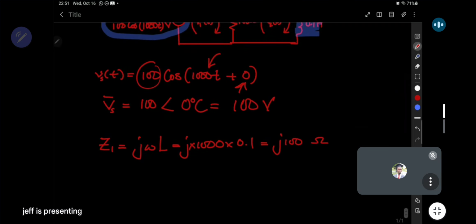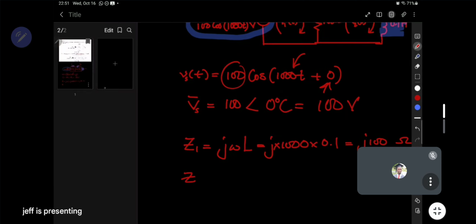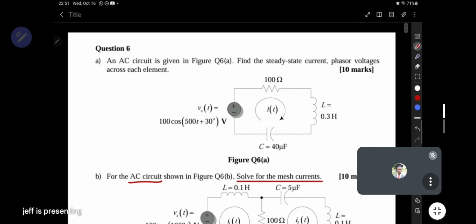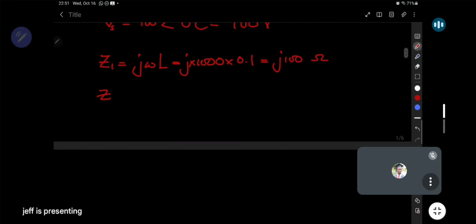In the same way, Z2 for the second inductor. For the second inductor, still going to have the same shape. Still j, the angular frequency, still 1000.